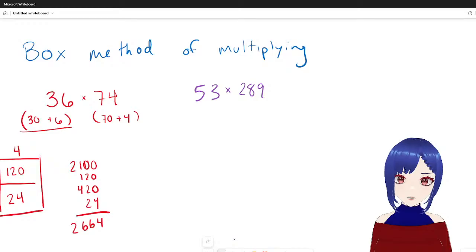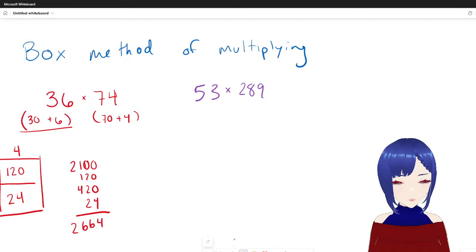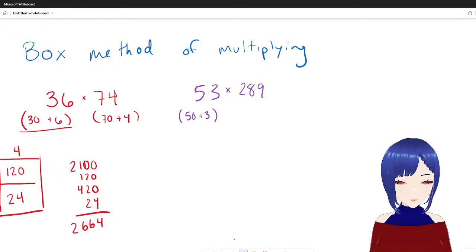289. So with this one, remember to do the box method, you need to break it down into each of its digits. So 53 is 50 plus 3. 289, we need to break it down into 200 plus 80 plus 9.